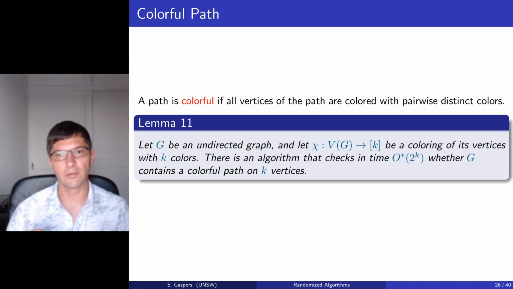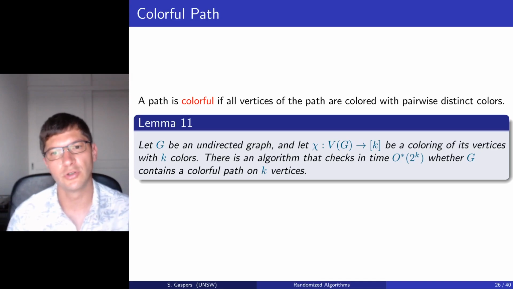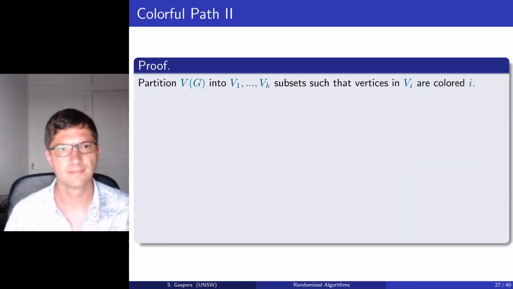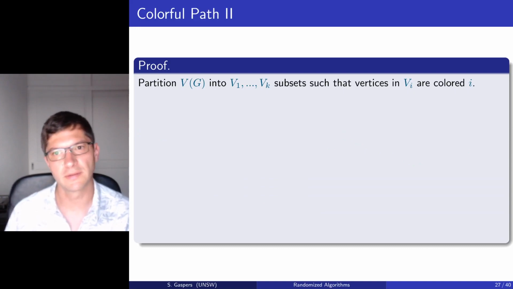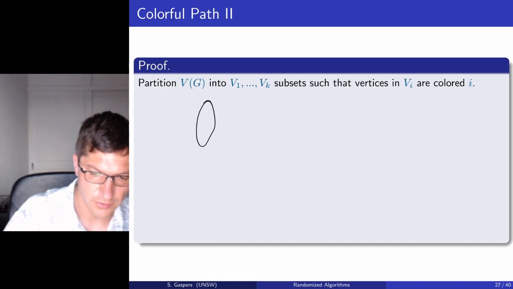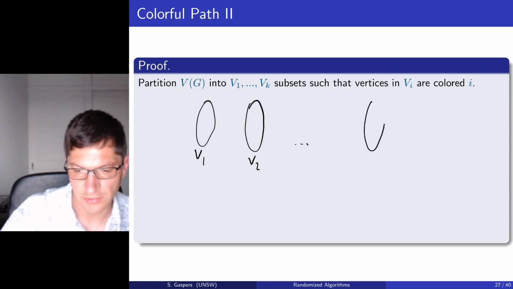So we need an algorithm that checks whether a colored graph has a colorful path, and we can do this in time O star of 2 to the power k by the following algorithm. We partition the vertex set into its color classes: the vertices with color 1, those with color 2, etc., up to vertices with color k.